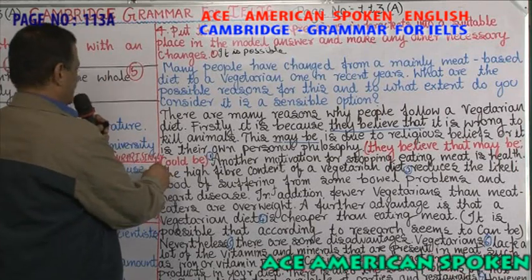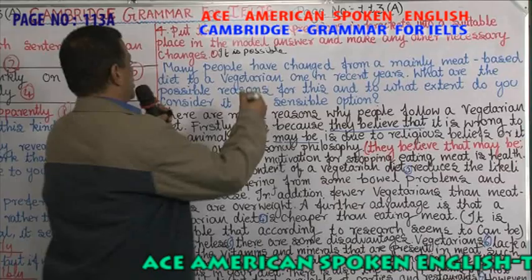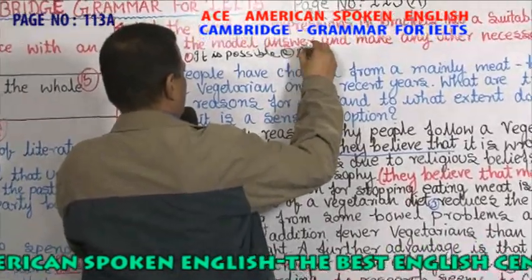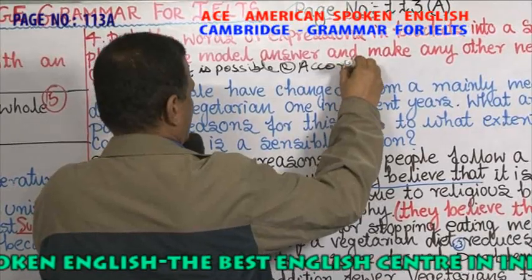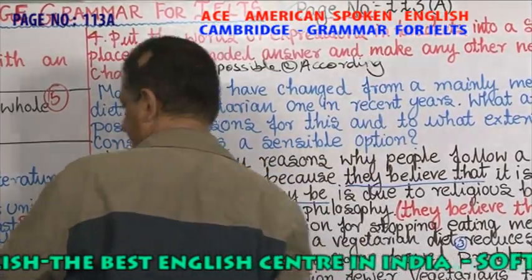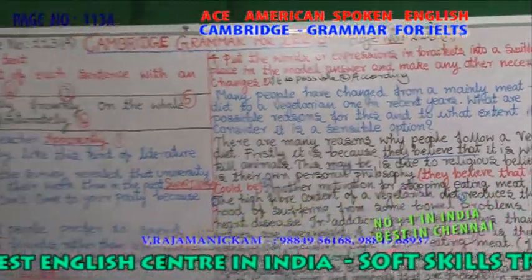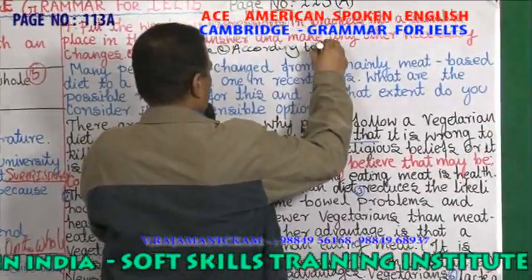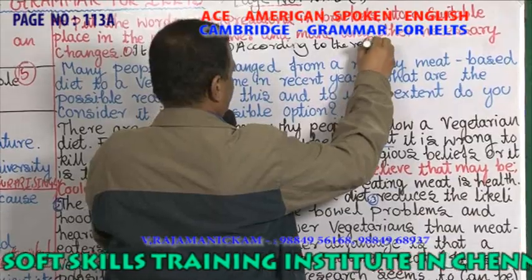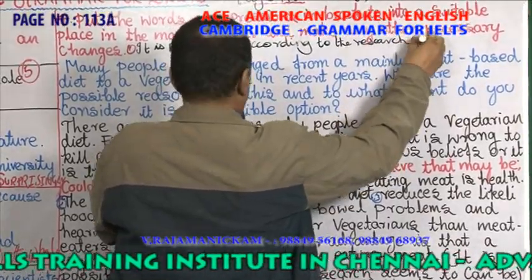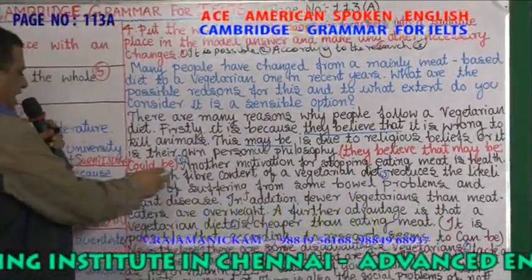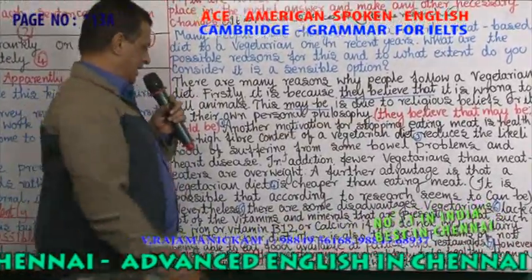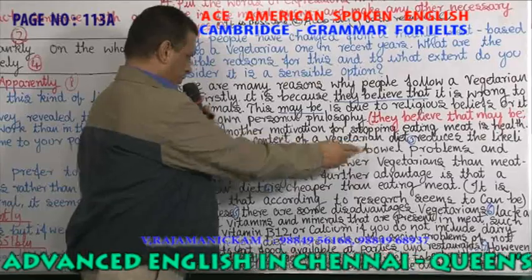Number 2, according to the research. According to the research, the high fiber content of a vegetarian diet reduces the likelihood of suffering from some bowel problems and heart disease.